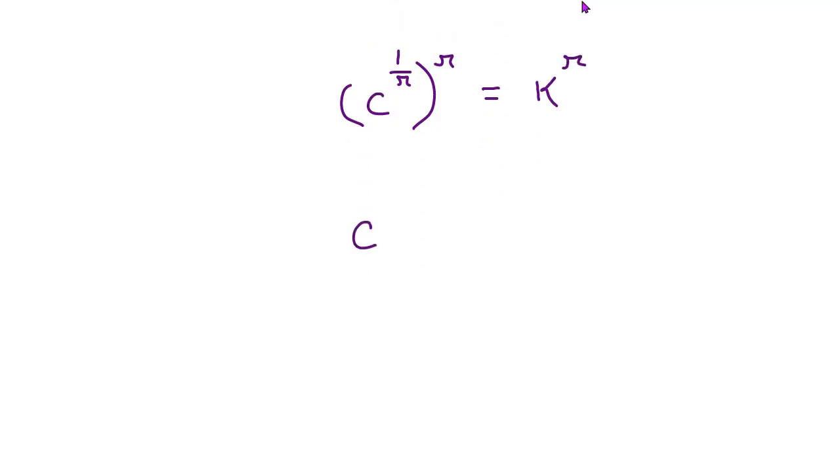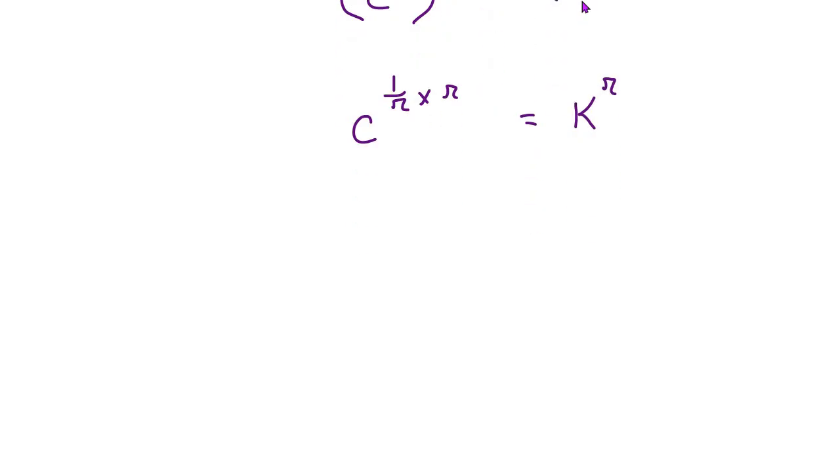From here we can write c to the power 1 by r times r equals k to the power r. Here r and r cancel and c remains. We can write c equals k to the power r. We can give this one equation number 3.